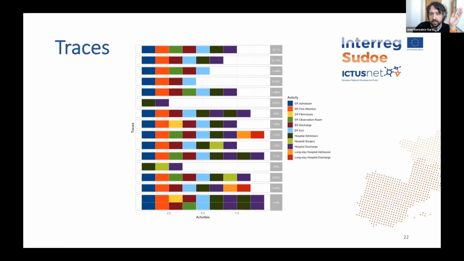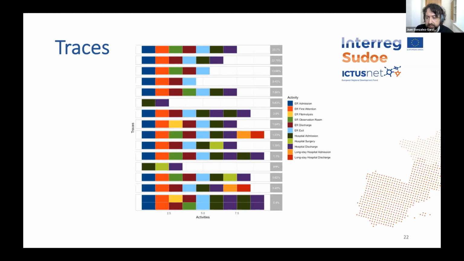starting with the emergency room admission, then the first attention in red, then the observation room, discharge in the emergency room, and physical exit, because we distinguish between the administrative discharge and the physical exit, brown and light blue. Then this dark green states hospital admission, and finally the purple is the hospital discharge.